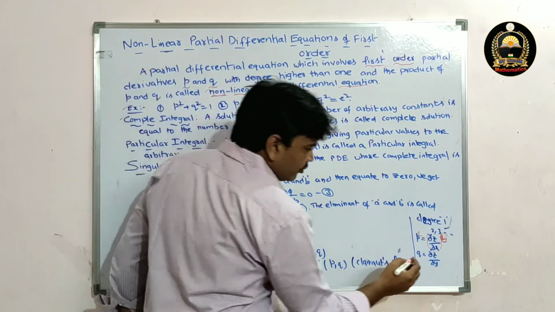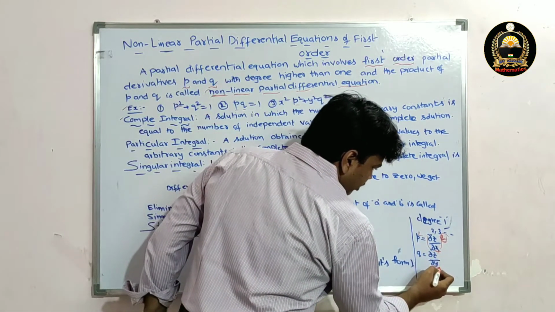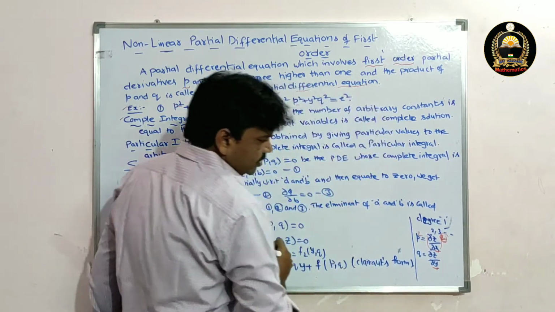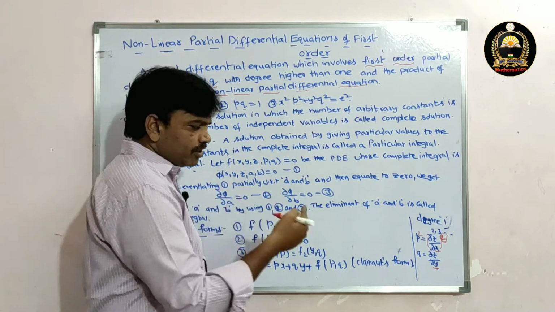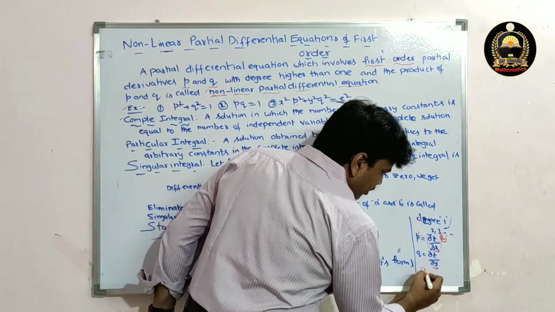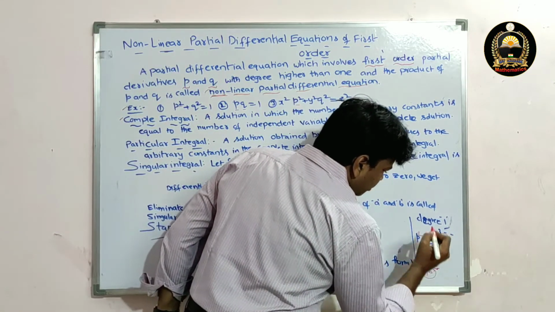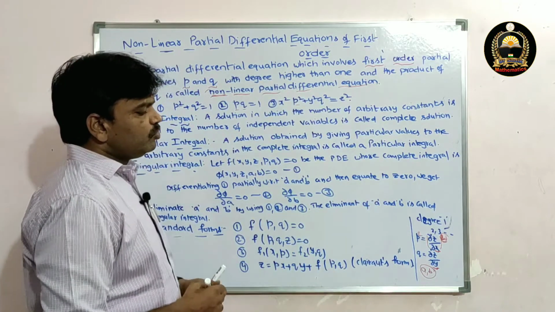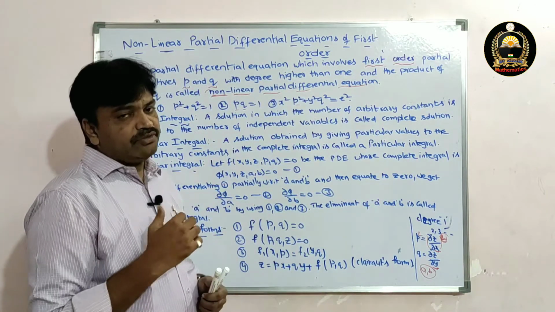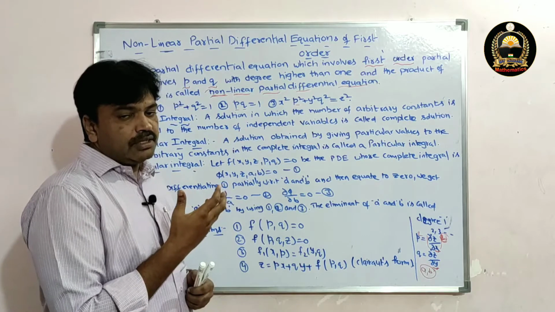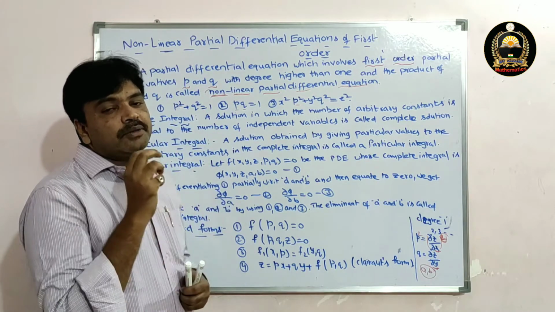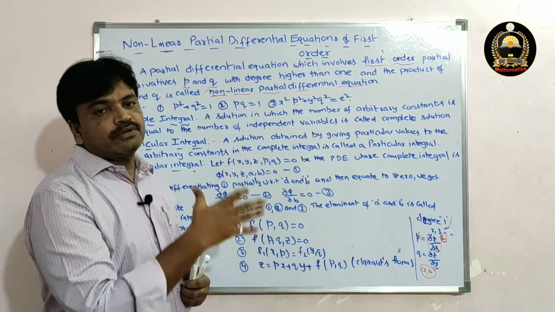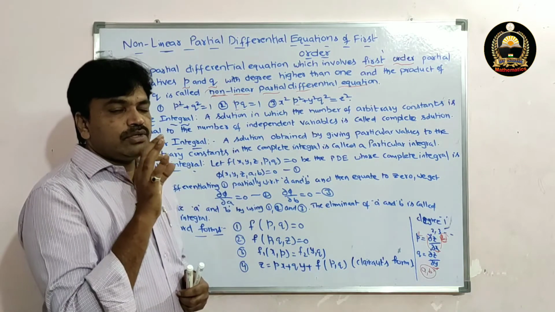How many independent variables are there, students? 2 independent variables. For 2 independent variables, if there are 2 arbitrary constants in the solution, then the solution is called complete solution.